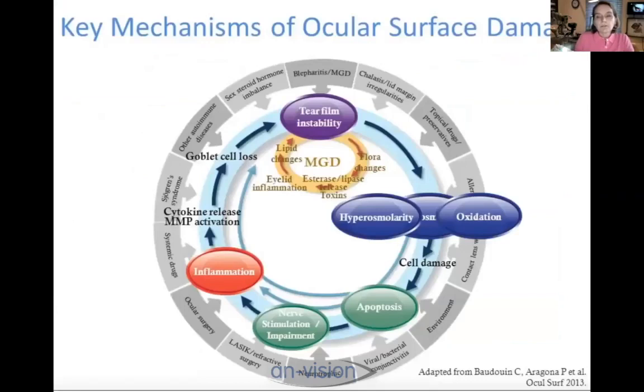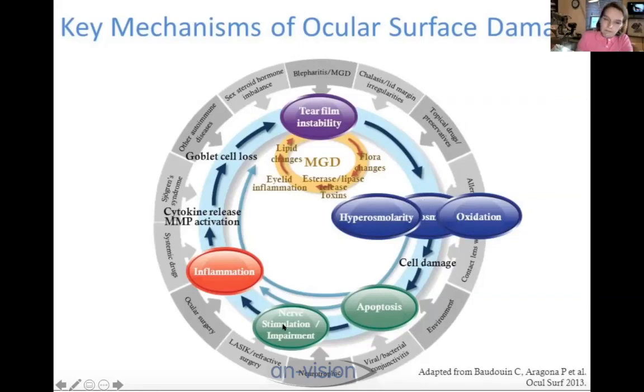So I think this is one of the last schemes that I'm showing you, but I think if you do this together, you will get an insight or a review. Centrally with the tear film instability. And then this is going to cause hyperosmolarity, which means you have more ingredients that you don't want in the tears. And that causes cell damage and apoptosis.